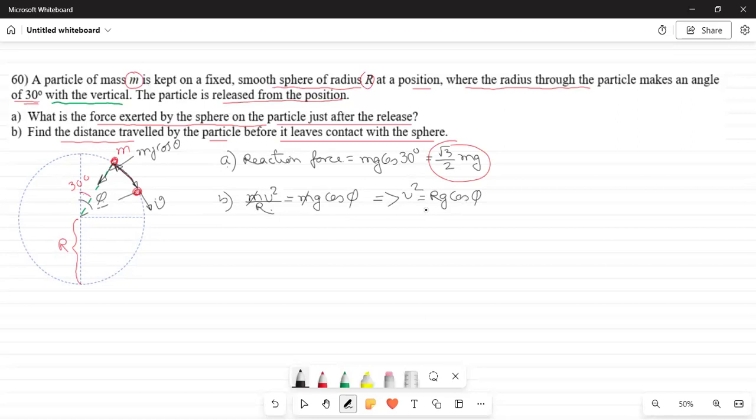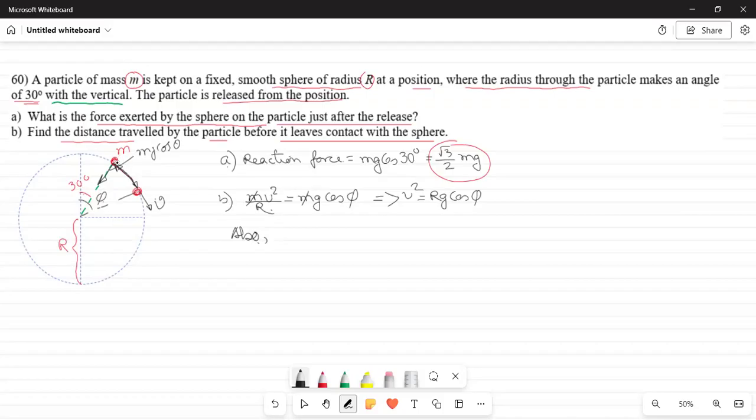As I said, the second option is the energy equation. Since these problems are similar, instead of writing the whole thing once again, what is the potential energy at this point?